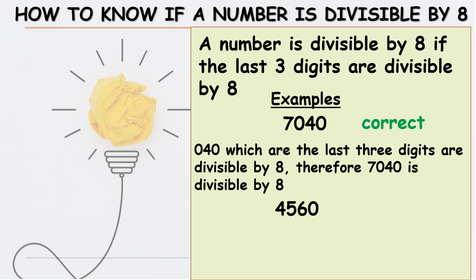We'll look at the next example. We have 4560. What are the last 3 digits? The last 3 digits are 560. Is 560 divisible by 8? 560 is easily divisible by 8 because 56 is divisible by 8, so you have 70.